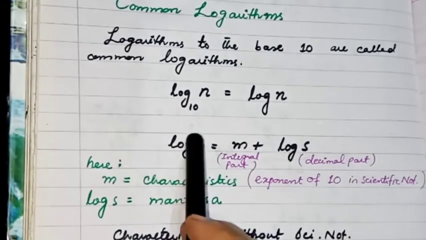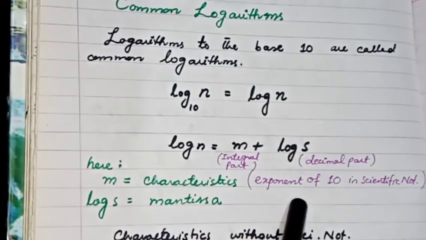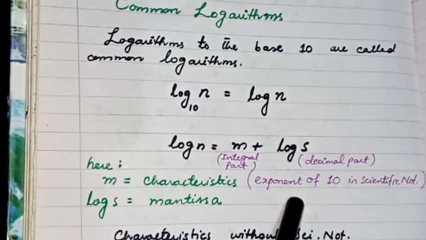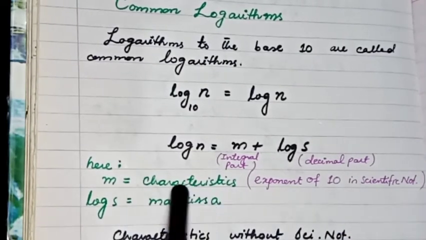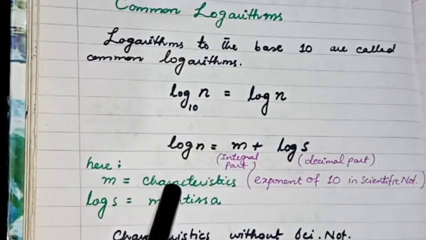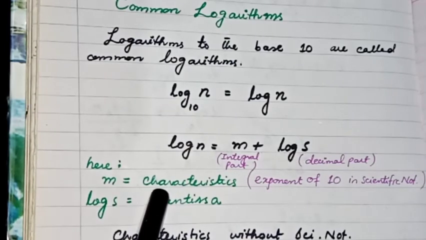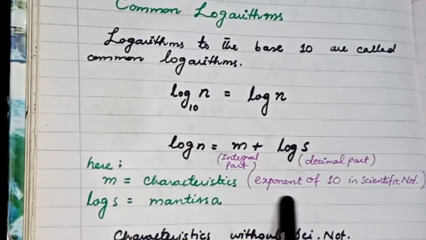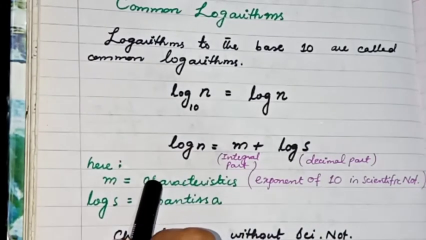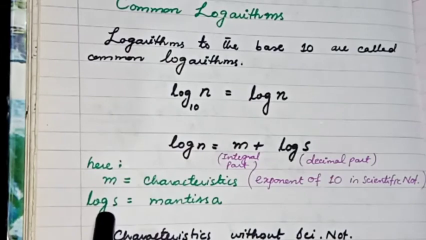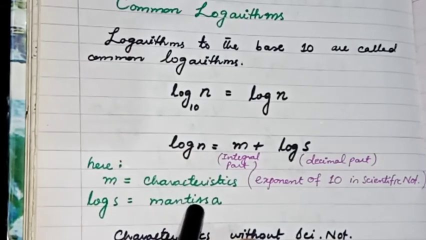If we have converted the number n into scientific notation, what will be the exponent there is called its characteristic. Exponent can be positive or negative, so the characteristic can be positive or negative, but log s, that is mantissa, is always positive.